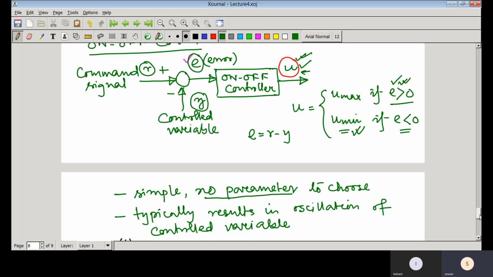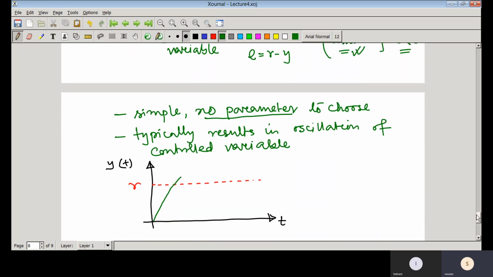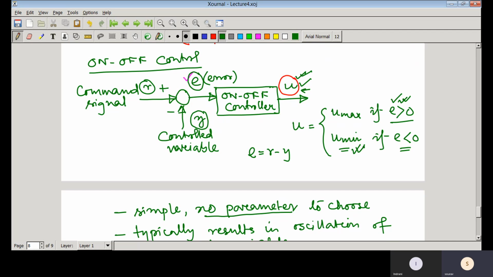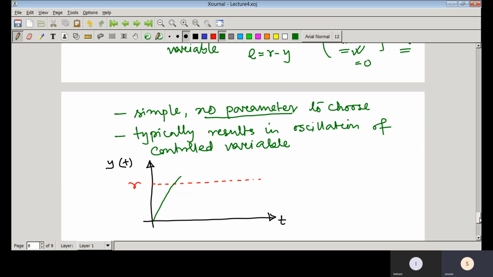So immediately you can see that u min, suppose u min equals 0. That means whenever y crosses that r, there is no control input, that means it is in the off stage.